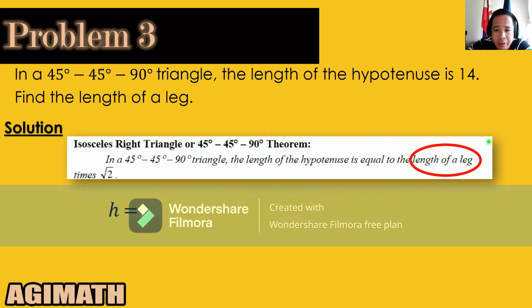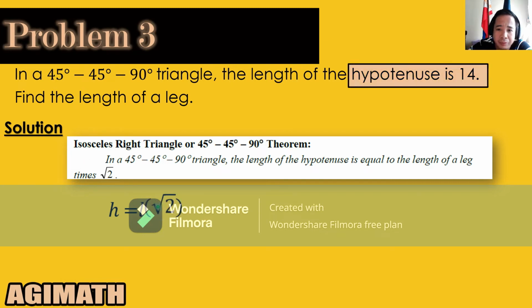And then the length of a leg, so we're talking of a leg, so we can use the variable L, and then times square root of 2, so we multiply L by square root of 2. That's it. Based on the given, hypotenuse is equal to 14, so we can substitute h by 14, and that is equal to L times square root of 2.